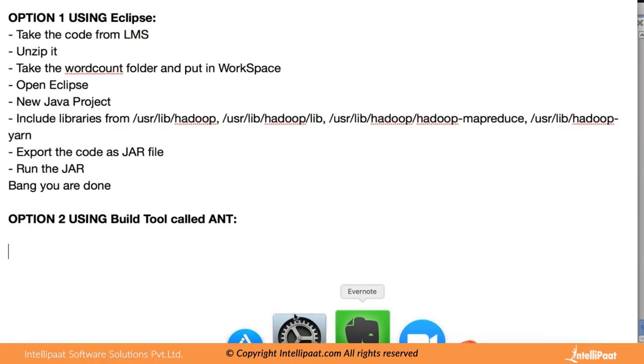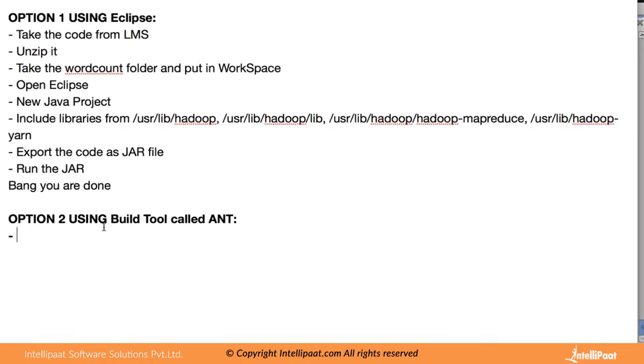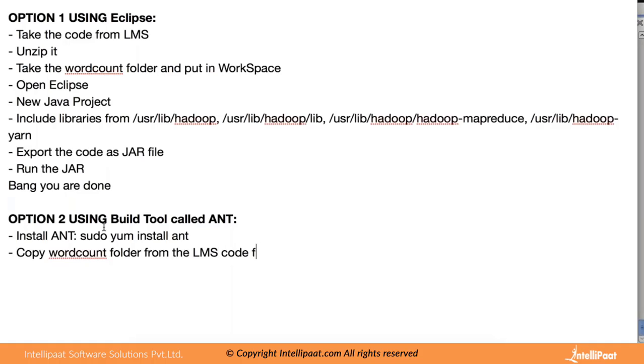So let's document. If you want to use a build tool, first in your VM, just run a command. First, install Ant. Use the command sudo yum install ant. Copy the word count folder from the LMS code files to a new location of your choice.